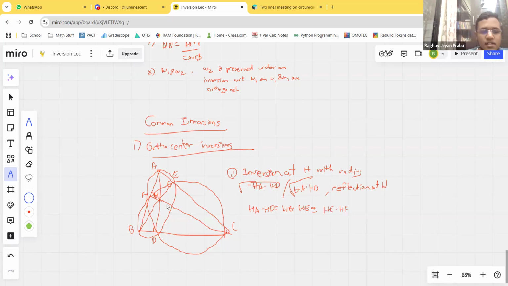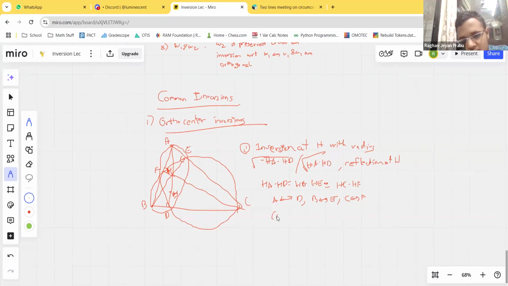So if I look at point D, it will come to A dash, so that HA dash is equal to HA. Now if I reflect with respect to H, D just goes to A. So this inversion just swaps A and D, B and E, and C and F.